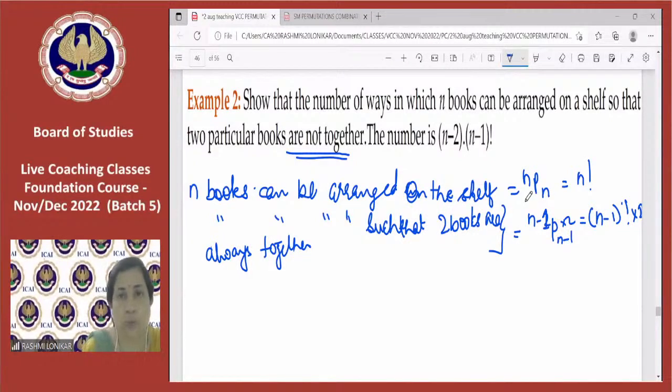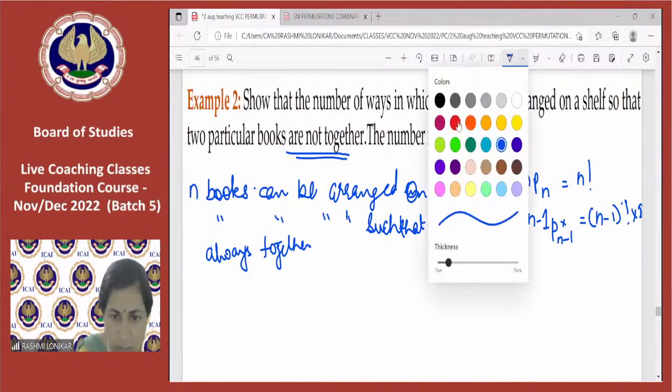Why? Because the two books can be arranged as, suppose the books are B1, B2, then I can write it as B1, B2, and the second option will be B2, B1. So I have n minus 1 P n minus 1 into 2.